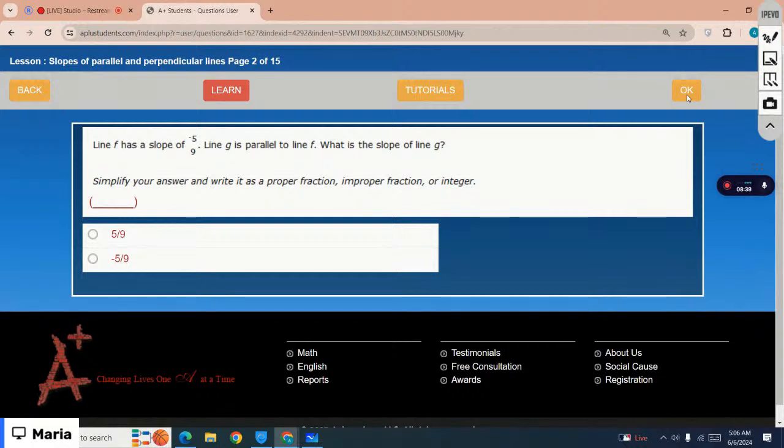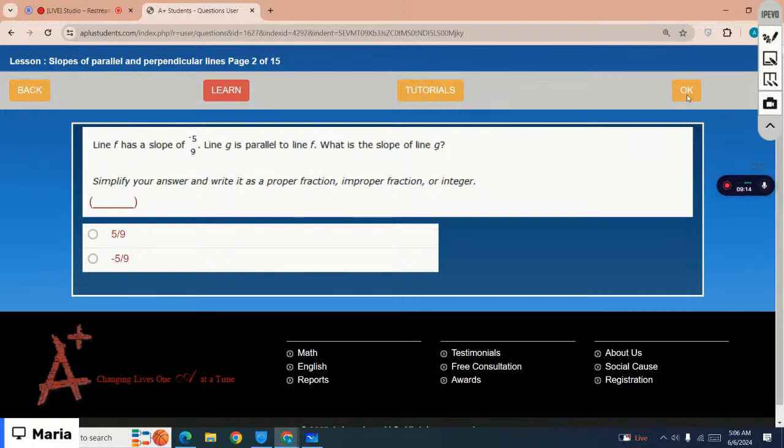Line F has a slope of negative 5 over 9. Line G is parallel to line F. What is the slope of line G? Which is the correct option? The lines are parallel, so parallel lines have exactly the same slope.